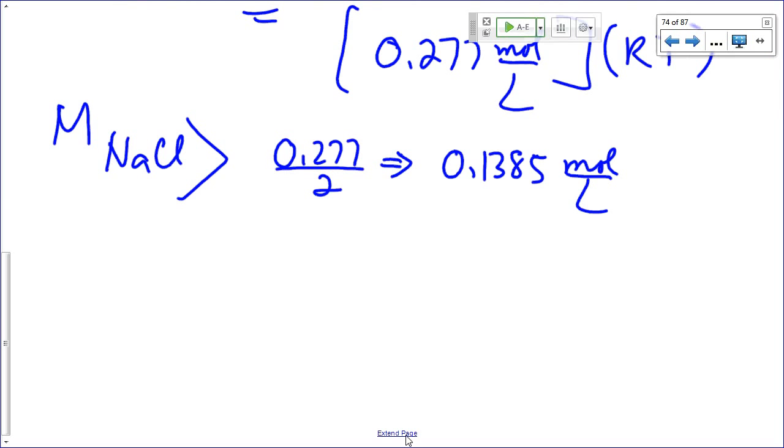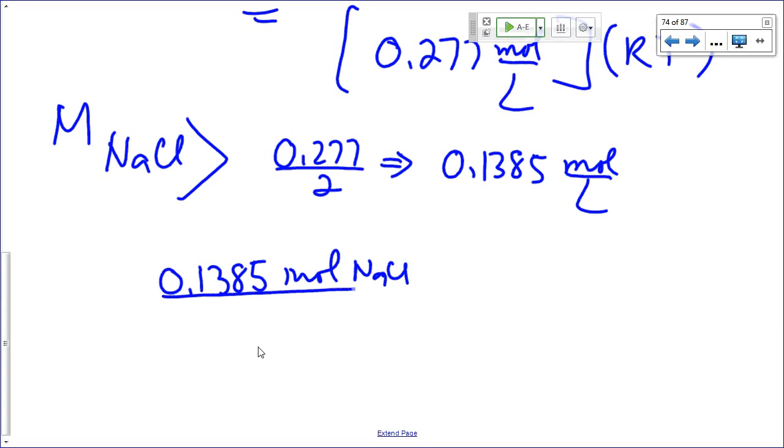So that's the molarity of your sodium chloride. How would you change that to percent weight by volume? You can just say 0.1385 moles of sodium chloride.